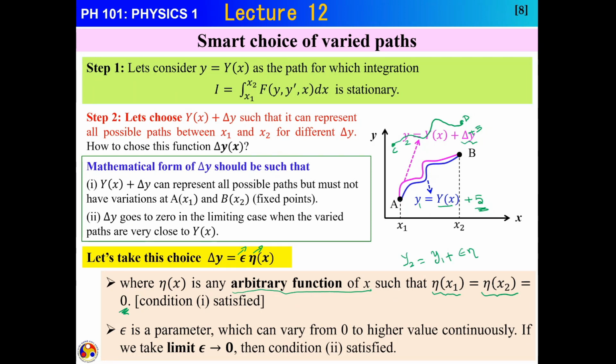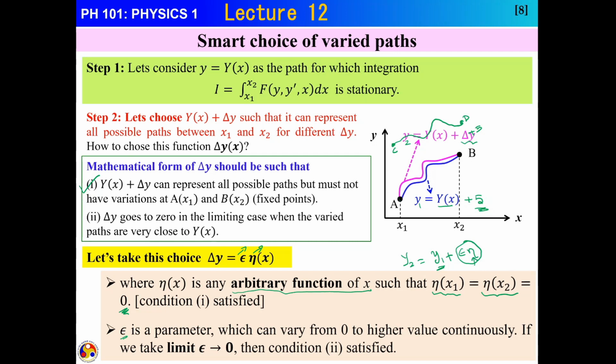At x1 and x2 when this is 0, this function will turn out to be 0, giving my y1 only. So I will stand at this point and at this point without any condition. Therefore, condition number 1 is satisfied with such a constraint imposed on it.